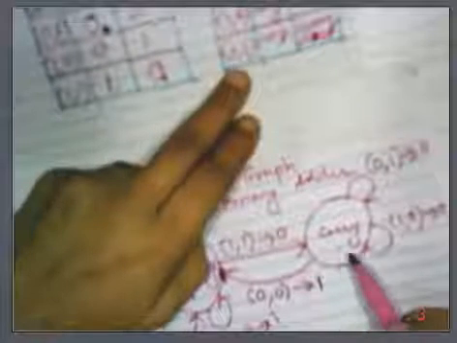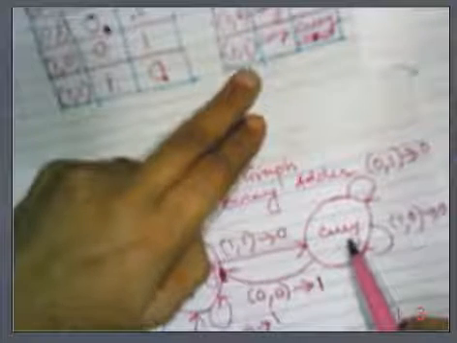In the same way, there will be a self loop for 1, 0, which is generating output as 0. Last, the current input is 1, 1 and current state is carry state. So the next state, where is it going? It is going to carry state, right?